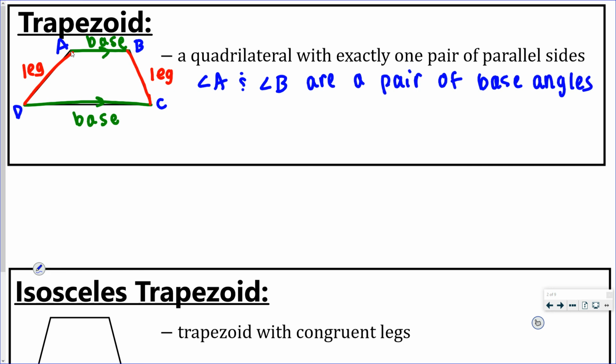So A and B we call base angles. And so would C and D. They could be classified as a pair of base angles because they're lying on the opposite base, but the same one.